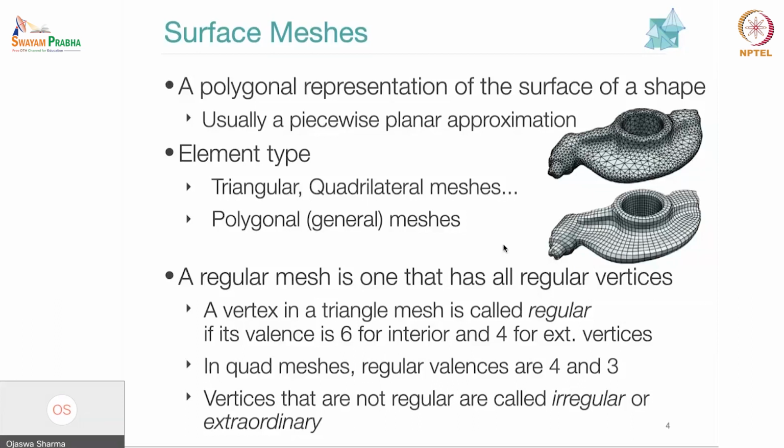A vertex in a triangle mesh is called regular if its valence is 6. So recall, what is the valence? Valence is the number of edges connected to a vertex. So for a triangle mesh, if I'm connecting a vertex with 6 edges, how many facets are around that vertex sharing it? Who would answer that?